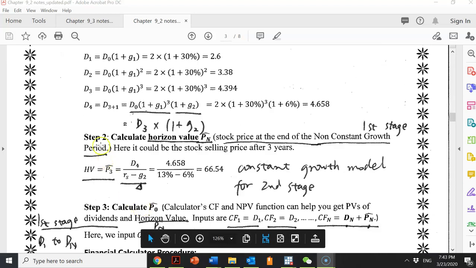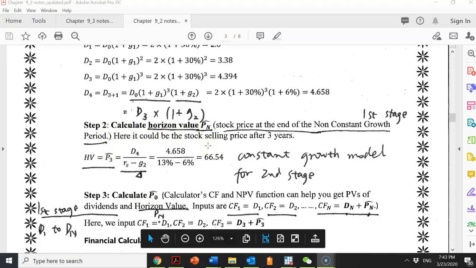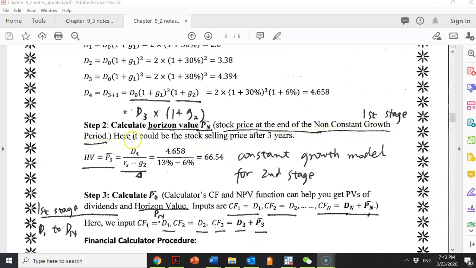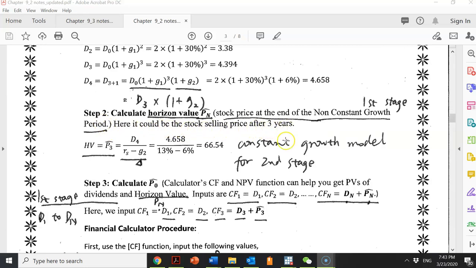Okay, step 2, calculate horizon value Pn, the stock price at the end of the non-constant growth period, or the dividing date between the first and second stage. So it could be the stock selling price after 3 years, or the stock value after 3 years. So the horizon value here equals P3, and it is D4 over RS minus G2.